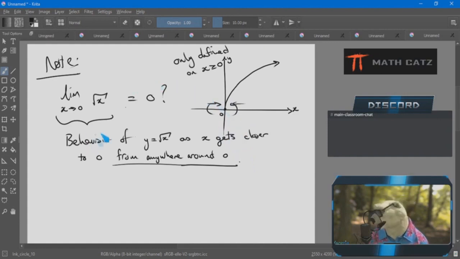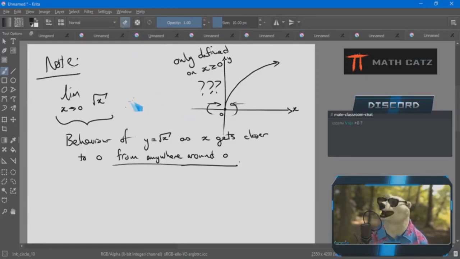Now this question doesn't make sense because there is no graph here to get closer to 0. I can't travel along anything on the left side because there is nothing there. It is a technicality. It's a feature of this square root function only being defined on half the x values.